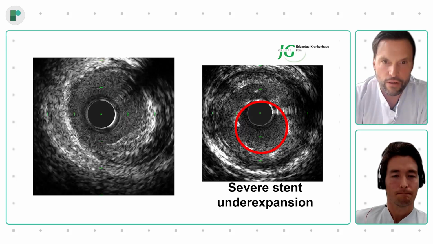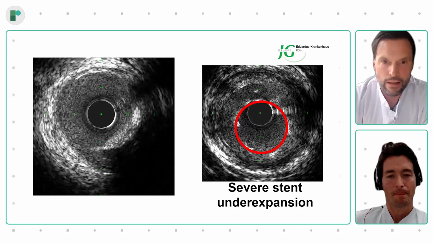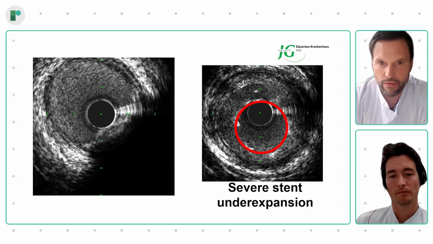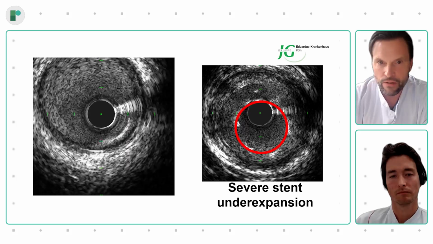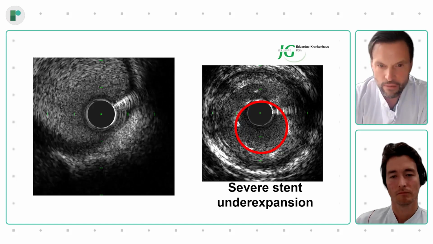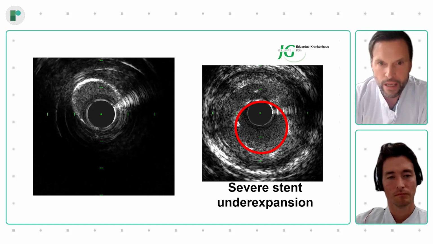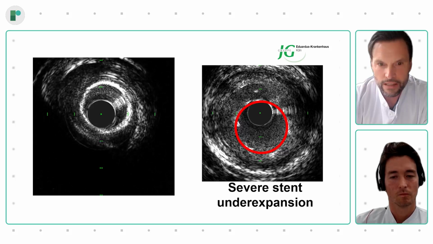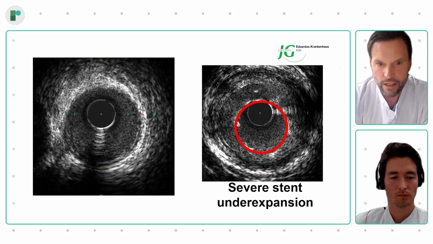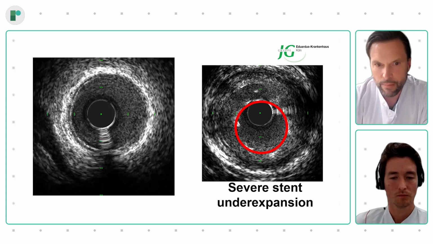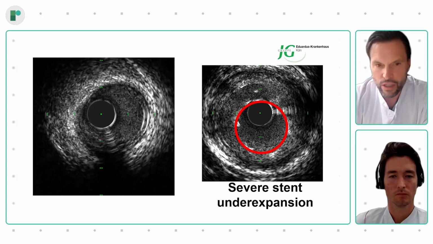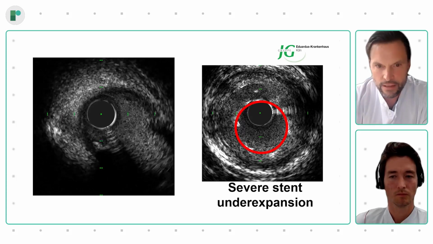I think it's a perfect example of a patient where iFR would have been of no relevant use. Of course, the patient had some kind of ischemia with unstable angina, but nevertheless the iFR could have been negative despite prognostically relevant pathology, which could have been identified only with IVUS.